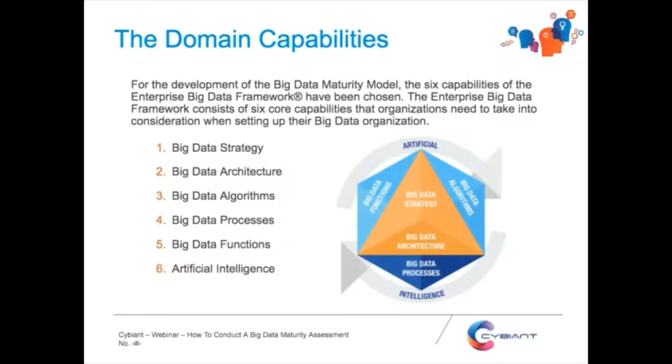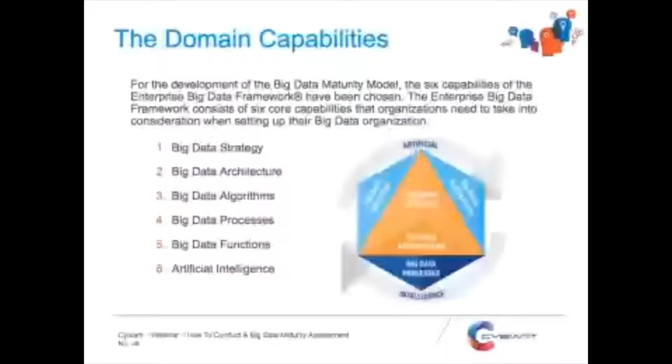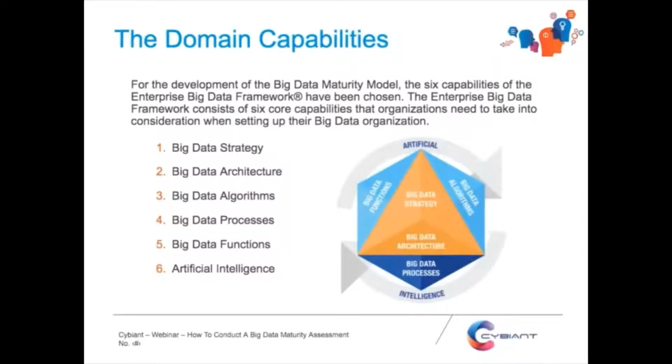The next domain is the process domain, and this is something that is especially relevant in larger organizations. When you're processing large volumes of data, you automatically have to deal with regulatory requirements, or for example, privacy rules. If you're dealing with customer information or personal information, depending on which country you're in, there are specific rules that you need to comply with to make sure that you treat that data well and that you have a process in place that governs and manages that data on a day-to-day basis.